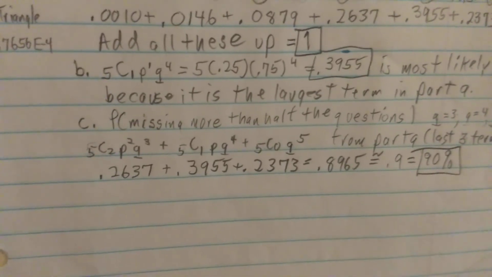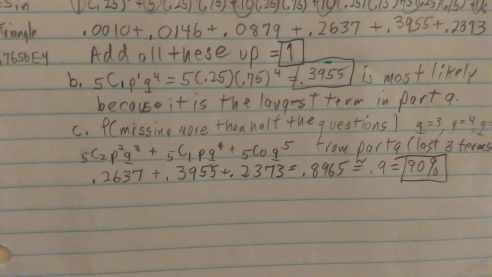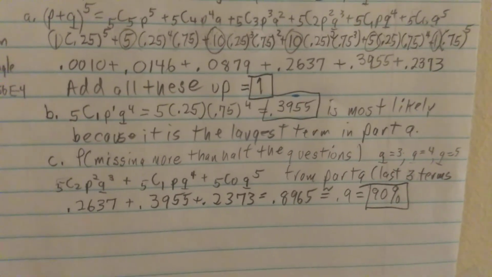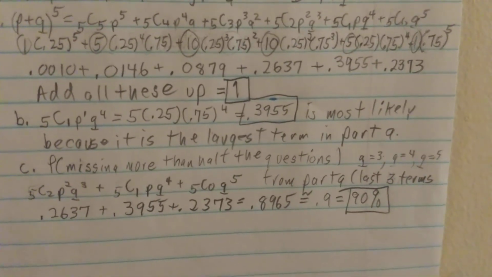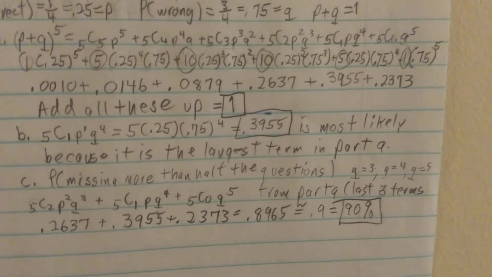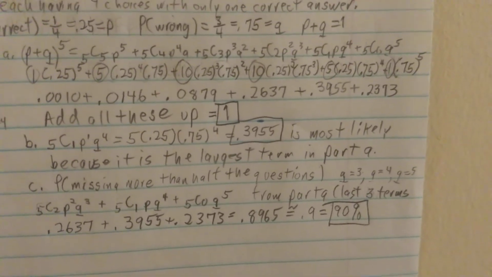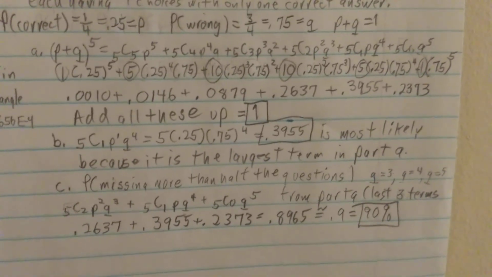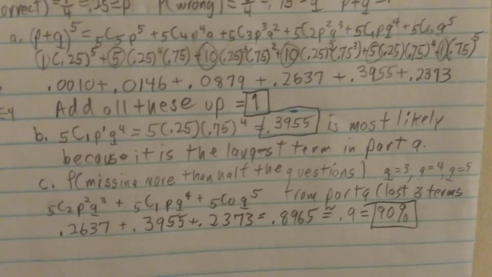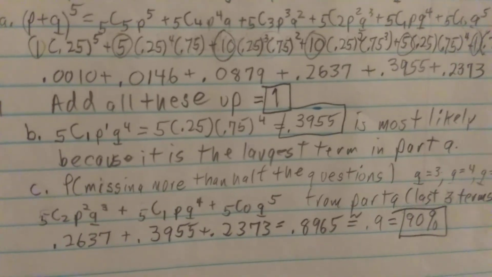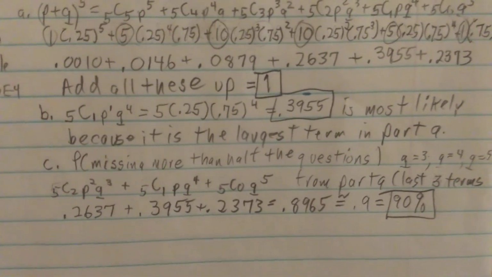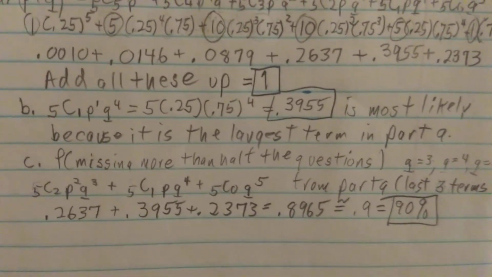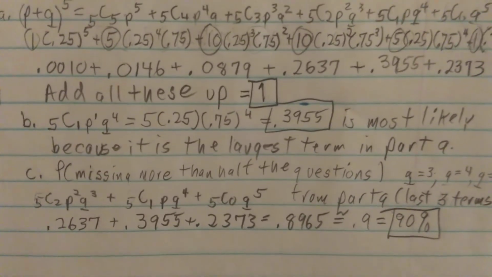So we could say 5C2 p squared q to the 3, which we know from above is 0.2637, plus 5C1 p q to the 4, which is 0.3955, plus 5C0 q to the fifth, 0.2373, which is 0.8965, and that comes out to roughly 0.9 or 90% of missing more than half the questions. Think about that on guessing on a test for multiple choice, like the SAT.